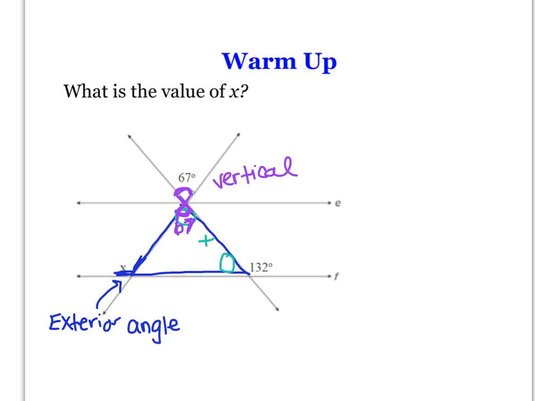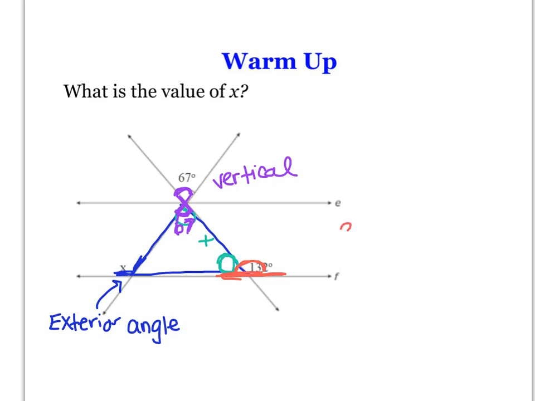Then when I look at this other empty angle, I see that right next to it is 132. My missing angle, this one right here, and my 132 are on a straight line. They form a straight line, which means they're supplementary, which means they equal 180.